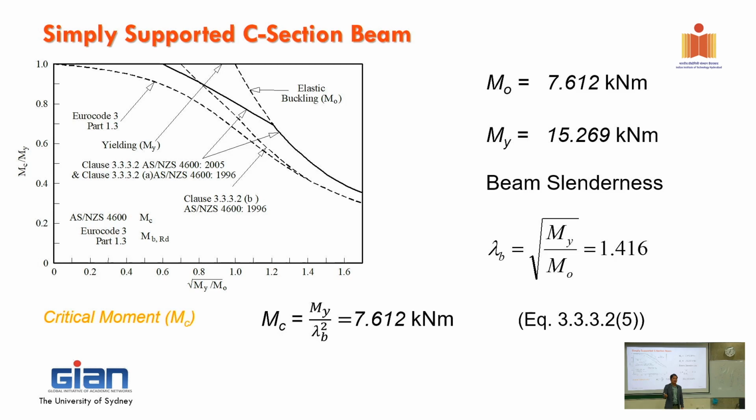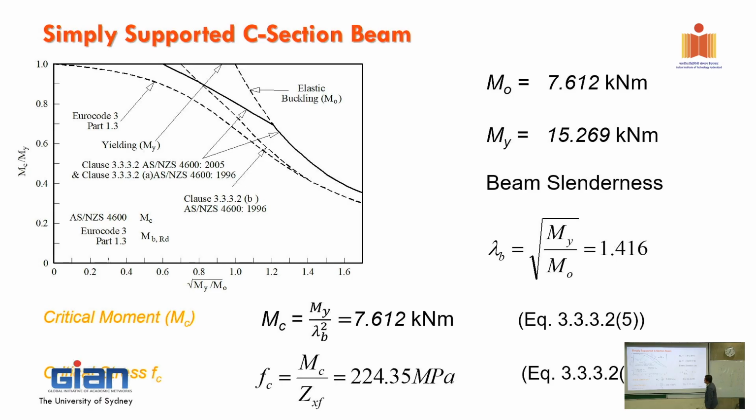It's not a member capacity. All right, so that's how it works, very similar to what we did in the column. Importantly, we worked out the Fc now, that is the critical buckling stress of the beam, equivalent to Fn, the critical stress of the column.